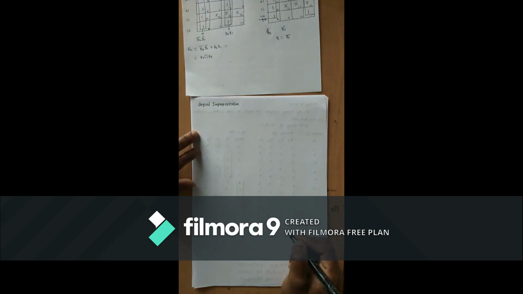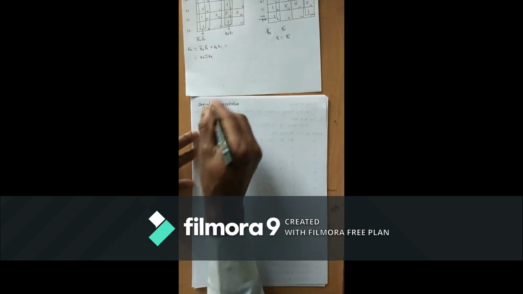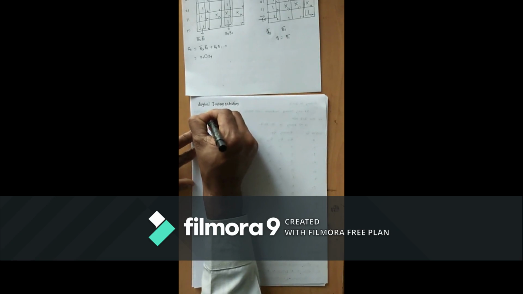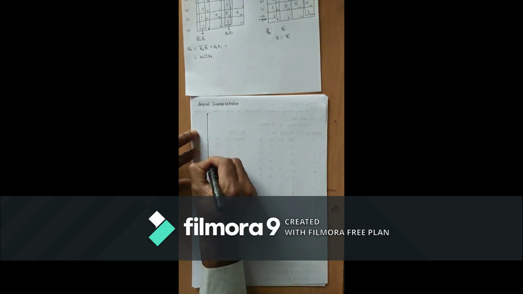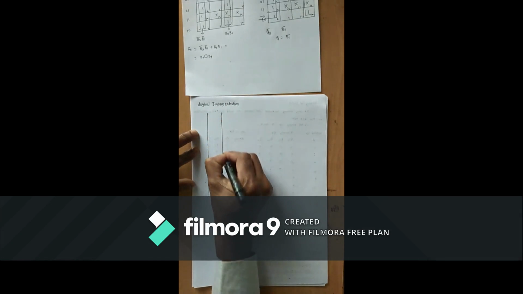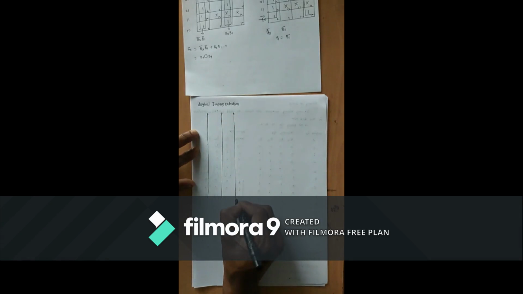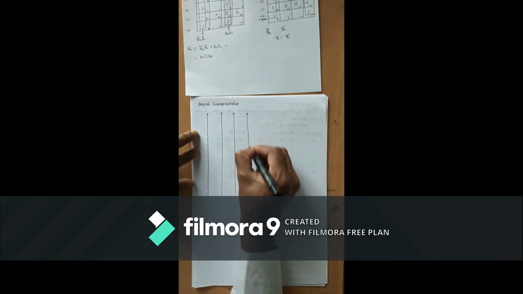For the logical implementation we have to know how many inputs. There are 4 inputs, that is B4, B3, B2 and B1.